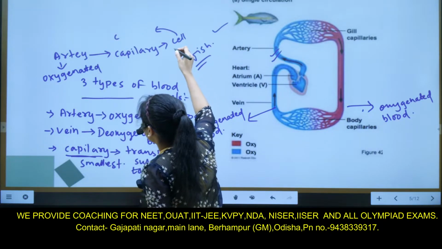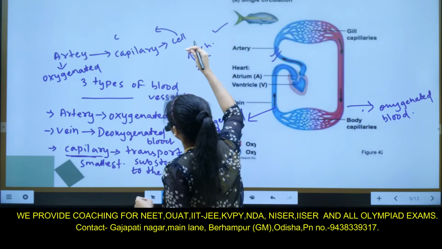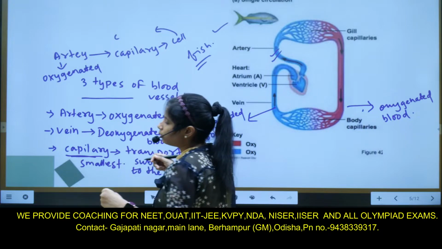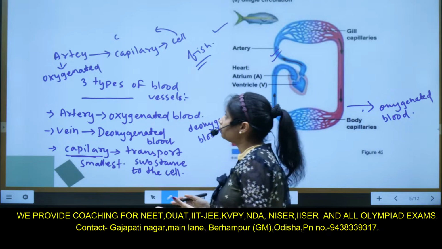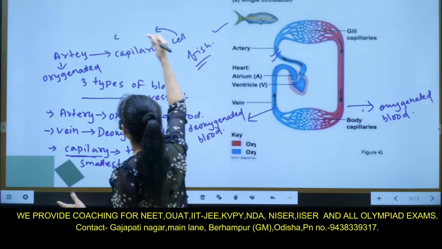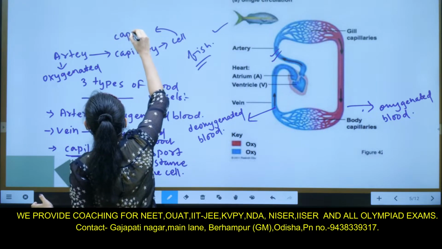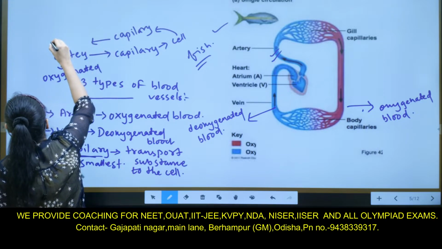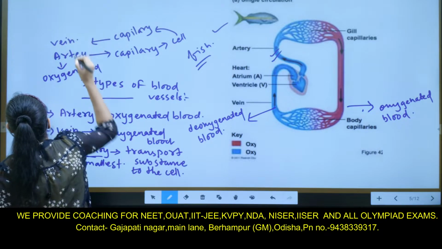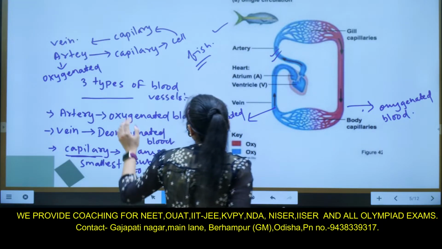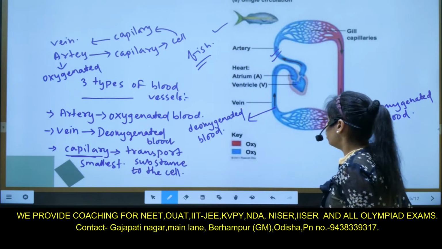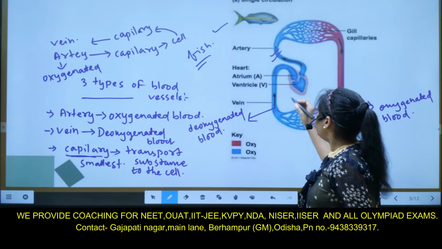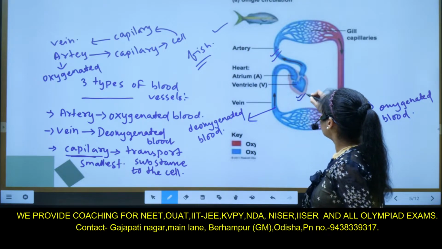Then the cell gets the oxygenated blood, and after that the blood takes all the waste material from the cell and transports it to the capillary, and the capillary further transfers it to the vein. So here the transport occurs. So it is all about single circulation, where the blood passes through the heart only once.